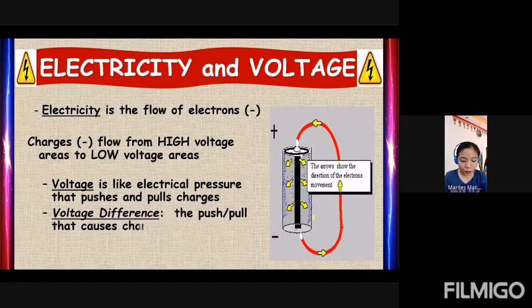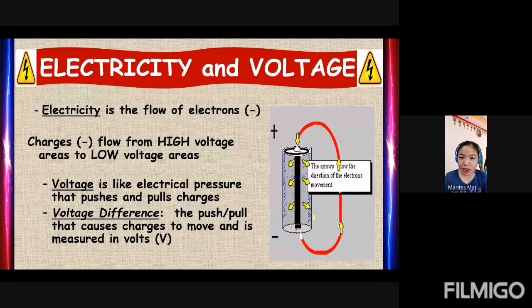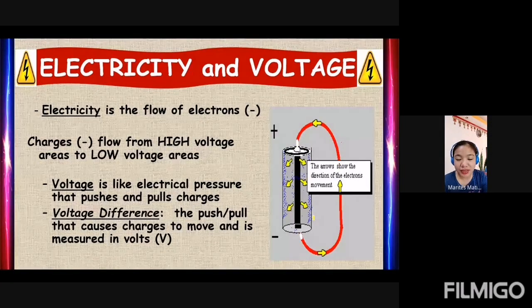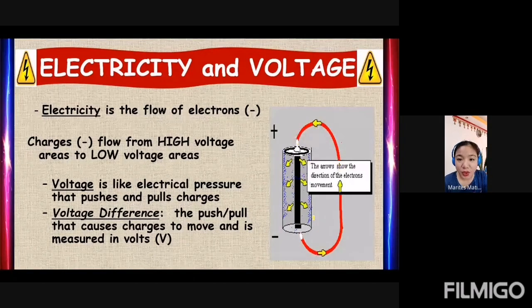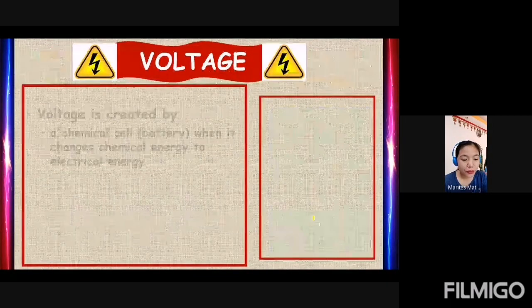Okay. And we have here the so-called voltage difference. So, ano ang voltage difference? So, that's the push or pull that causes charges to move and it is measured in V or yung tinatawag nating volts. V or volts.